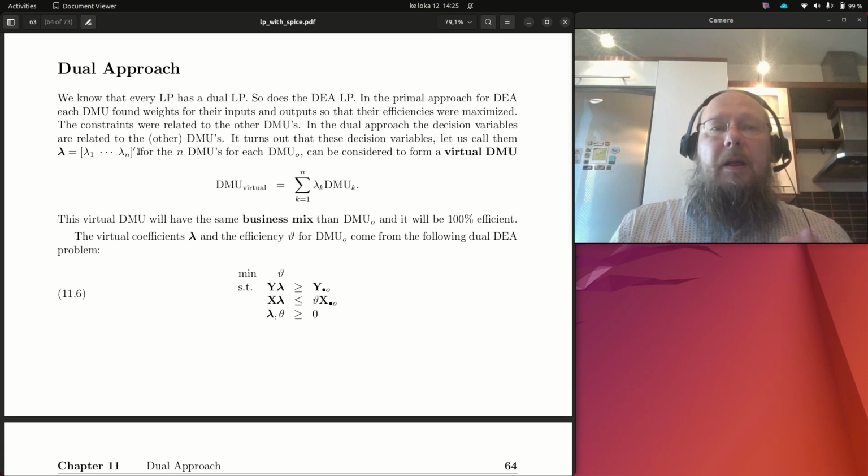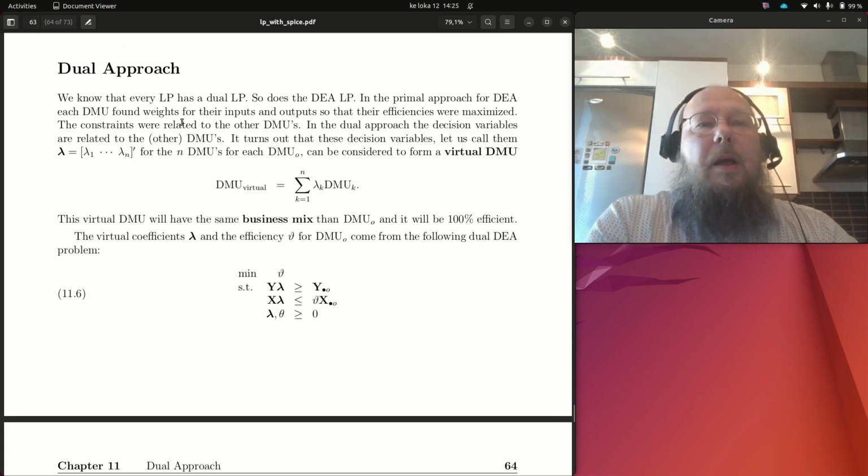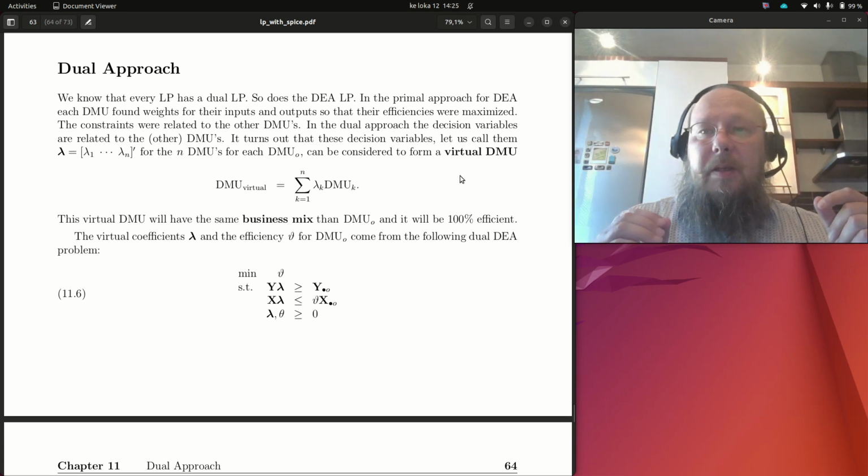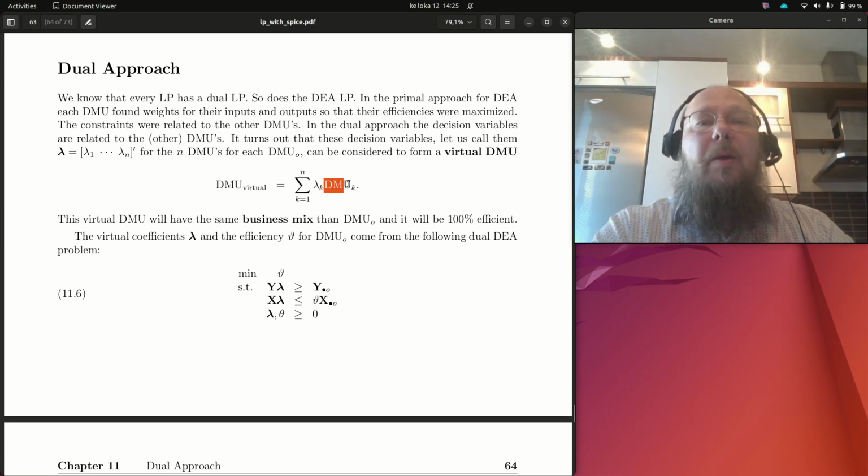This is very vague talking at this point, but I hope it becomes more clear later. We can think about the DMU k having weight lambda k, and if we sum them all up, then this could be interpreted as a so-called virtual DMU.